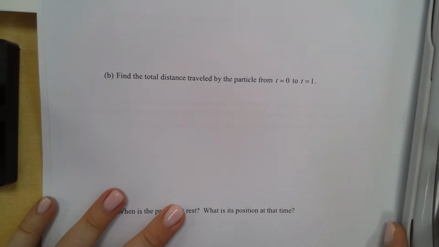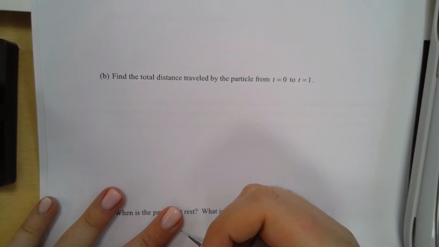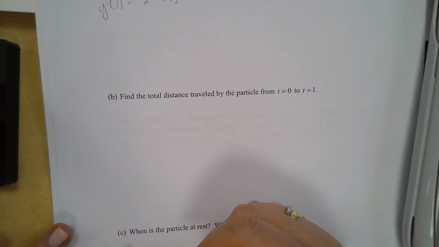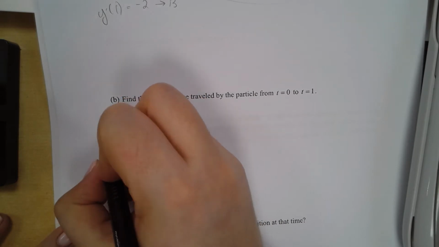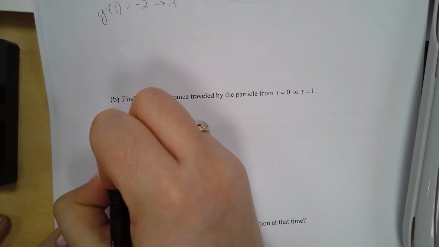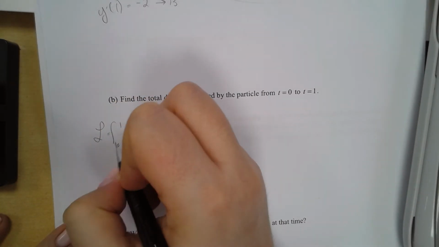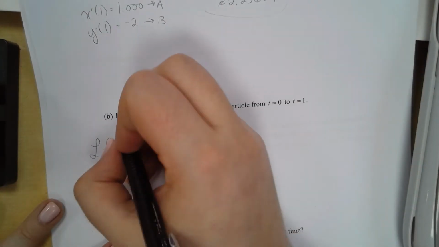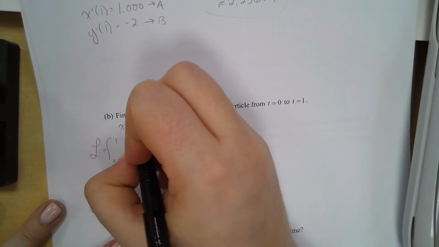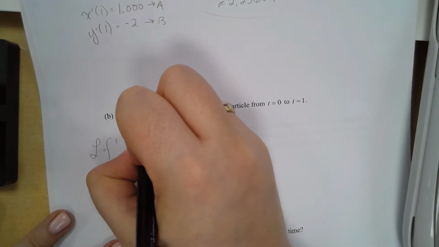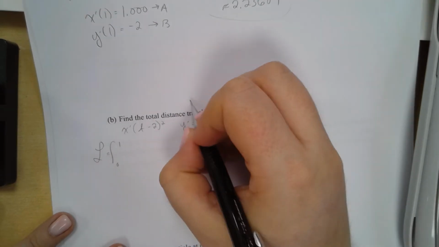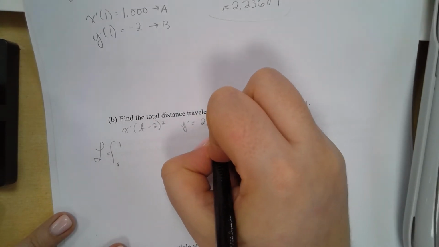What about the total distance traveled by the particle from 0 to 1? Well, the total distance L is going to be the integral from 0 to 1 of, well, x prime is t minus 2 squared, and y prime is 2t minus 4.